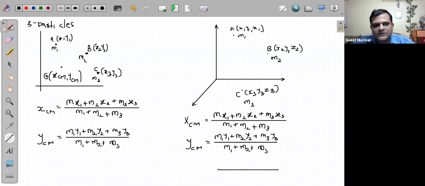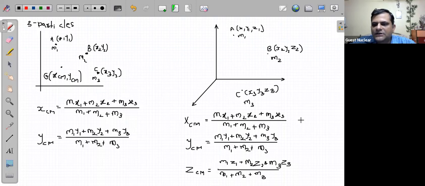So we can say that the z coordinate of center of mass, that means zcm, will be equal to m1 z1 plus m2 z2 plus m3 z3, and that is to be whole divided by m1 plus m2 plus m3 in this way.